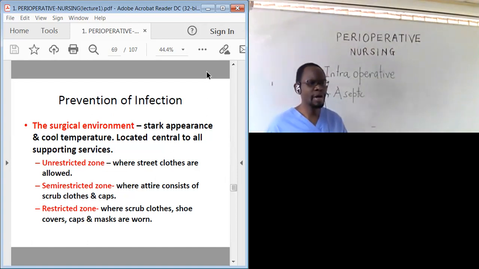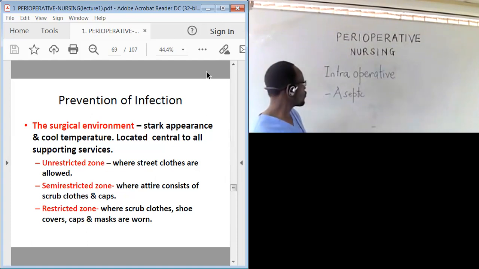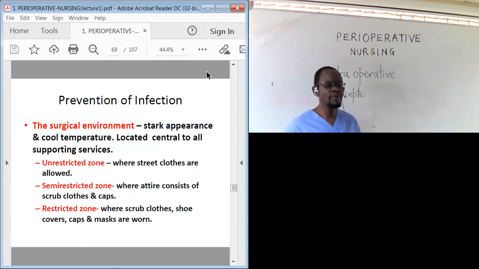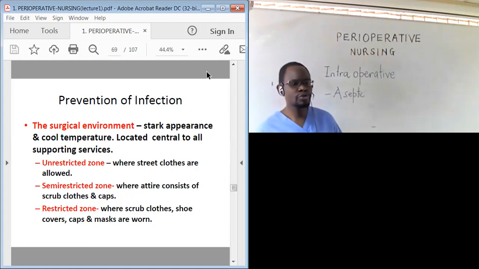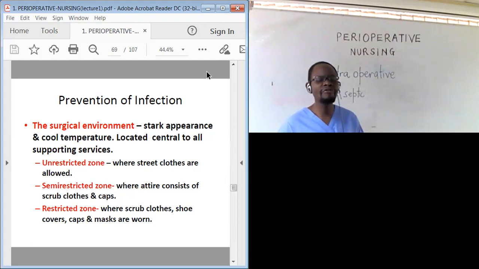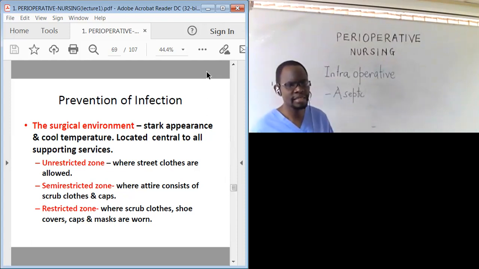So the surgical environment, of course, has a clean appearance and controlled temperature, located central to all supporting services. As far as the prevention of infection is concerned, we have what we call an unrestricted zone, where street clothes are allowed. I think you have all been to theaters, and all these zones are basically there.